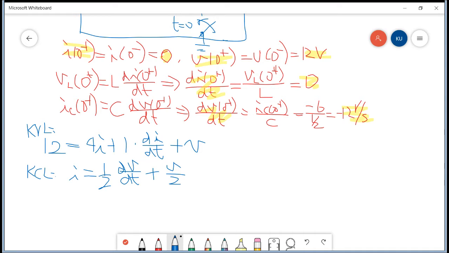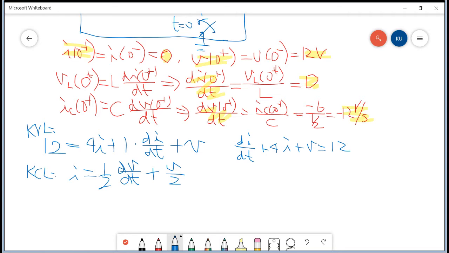The first one will be di dt plus 4I plus V equals 12. Actually nothing to simplify. We can only write it a little bit better looking.